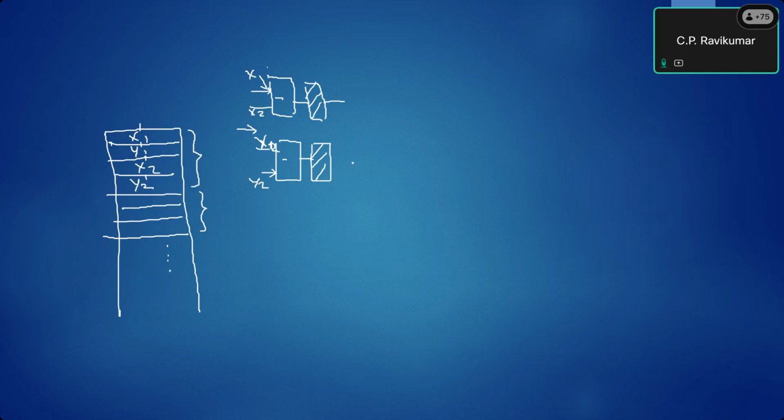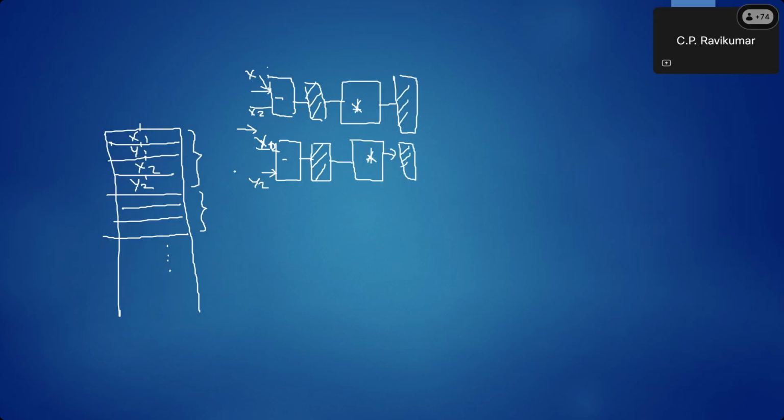And meanwhile, the next stage is doing the multiplication. And when that is stored, the next pair of numbers is brought. So it keeps going like that.